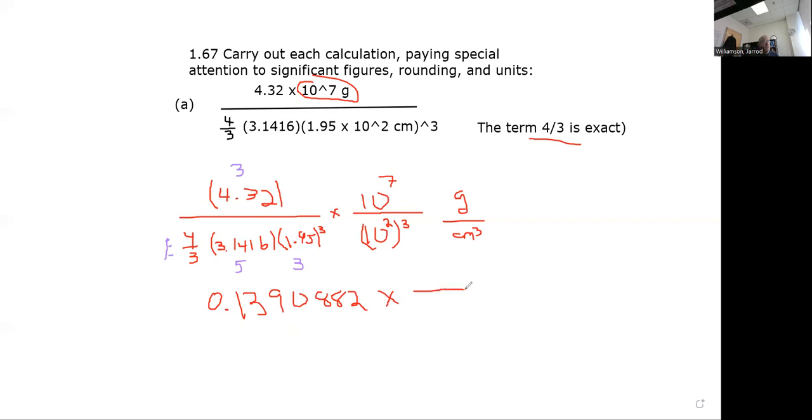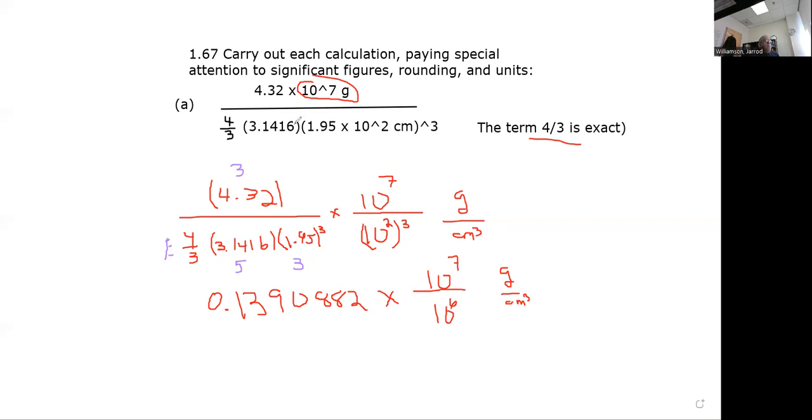But here I have 10 to the 7th and 10 squared cubed. That'll be 10 to the 6th power, because it's going to be 10 squared times 10 squared times 10 squared. Okay, so 10 to the 6 grams over cubic centimeters.